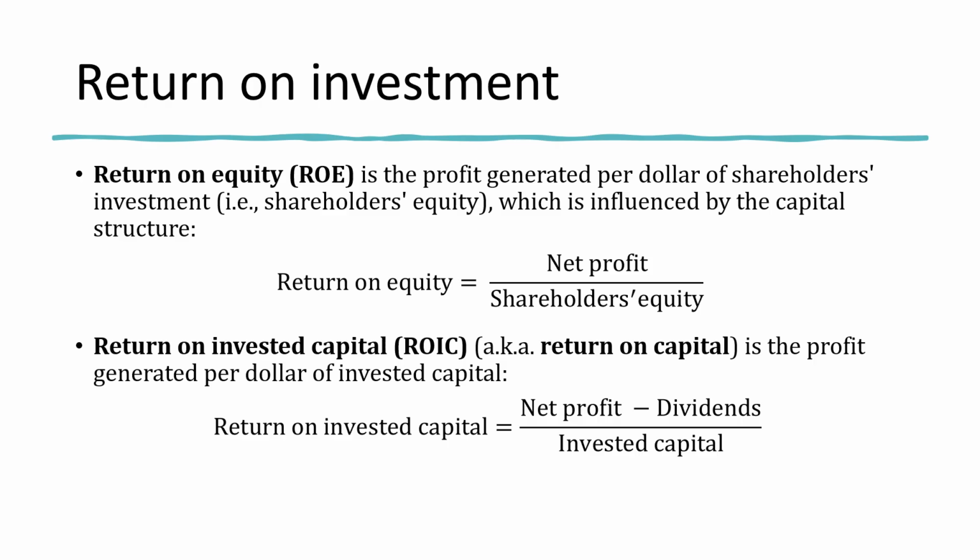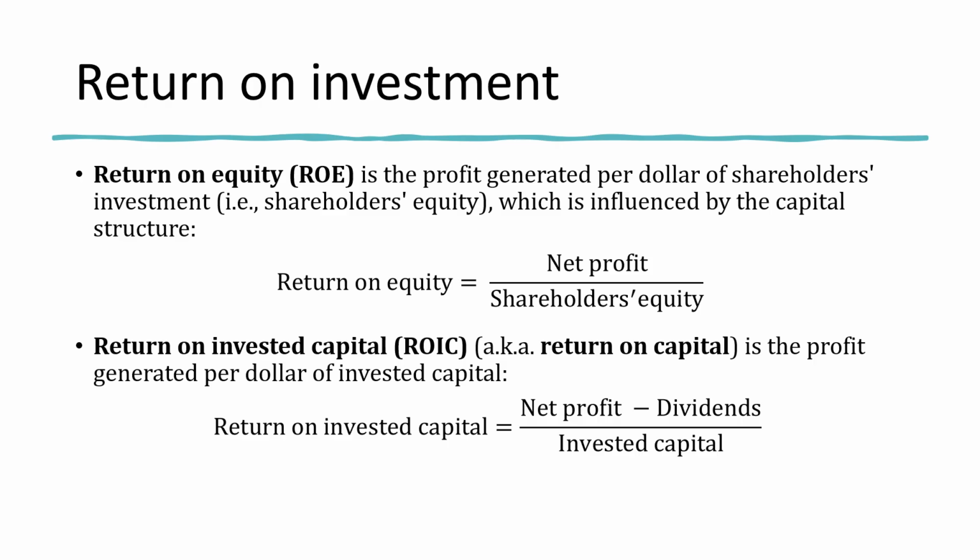Return on invested capital is similar, but what we're going to do is take the net profit, subtract dividends, and then divide by invested capital. Now you'll find some formulas that don't subtract the dividends in the numerator, so you'll have a comparison of net profit to invested capital.